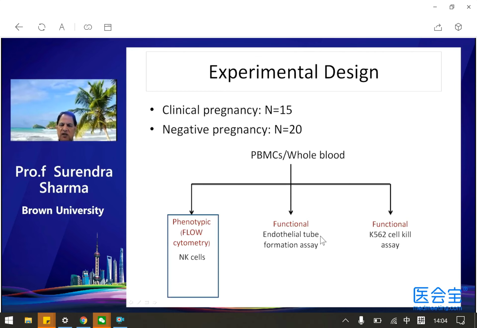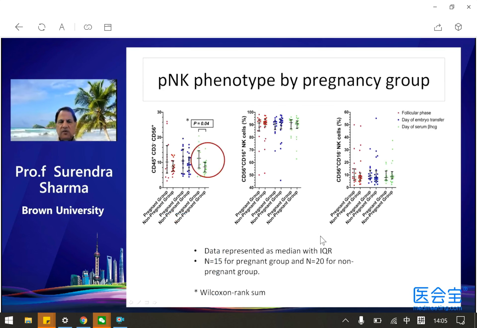We collected whole blood, isolated peripheral blood mononuclear cells, and carried out flow cytometry for NK cells and regulatory T cells. To assess the functional activity of peripheral blood NK cells, we did an endothelial tube formation assay, and I'll take you through those experiments. Finally, we also performed a natural killer cell kill assay using the K562 target cell line. So this is the experimental design for us.